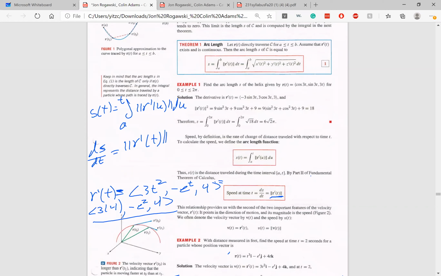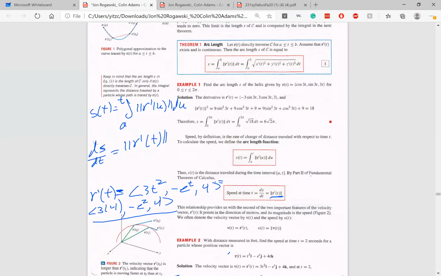And so if this is going to be your speed, well, what is the way to find an arc length? You can add up all of these. If your S is your length, you can use the fundamental theorem of calculus.